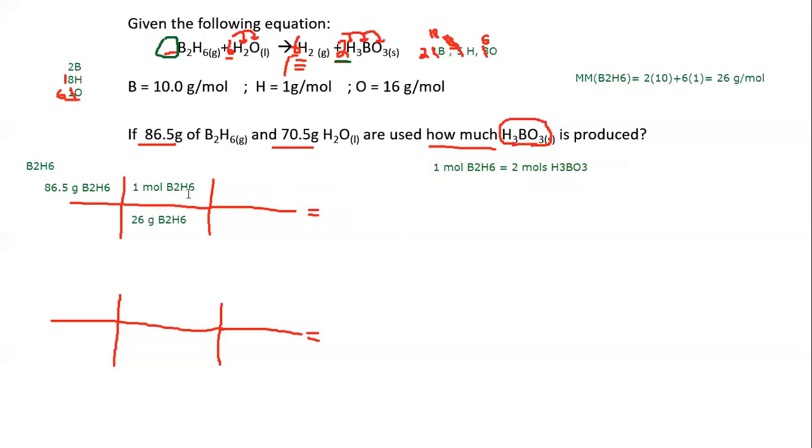So now since we're starting with B2H6, it goes on the bottom. And then 2 moles of H3BO3 on top. And we're going to do the same setup for H2O. So we have 70.5 grams of H2O. We need the molar mass of H2O.